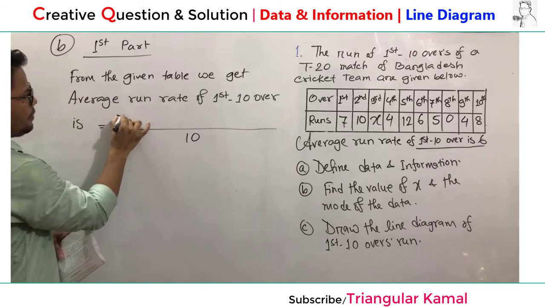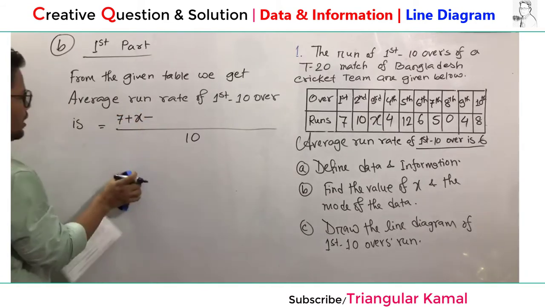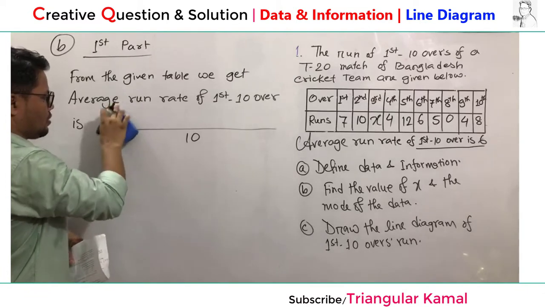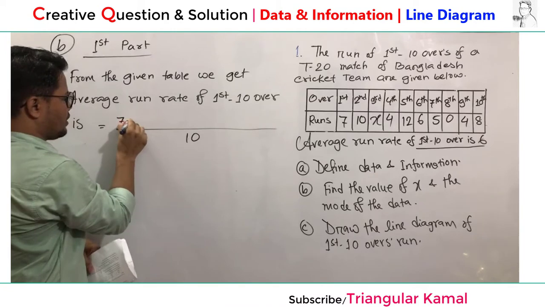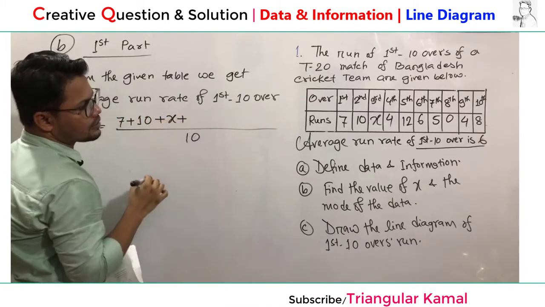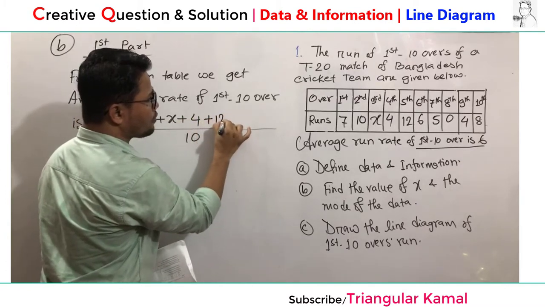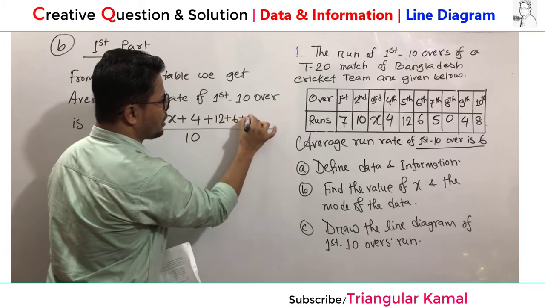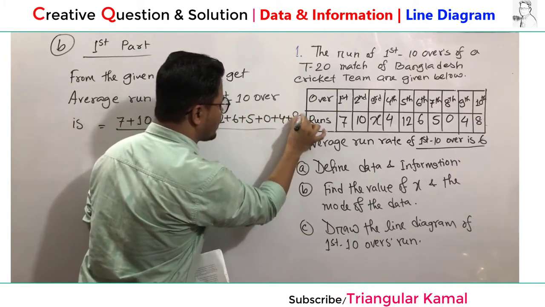The first over run is 7, second over run is 10, third over run is x, fourth over run is 4, then 12, then 6 plus 5 plus 0 plus 4 plus 8.